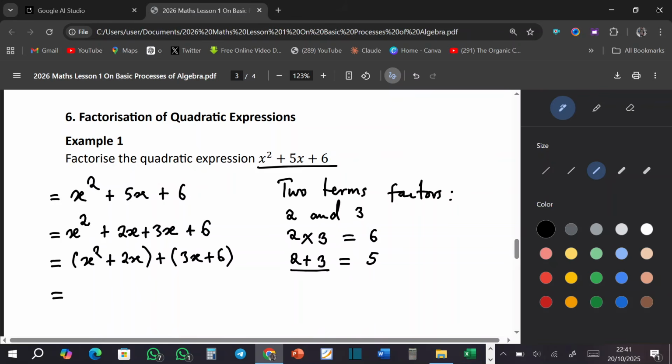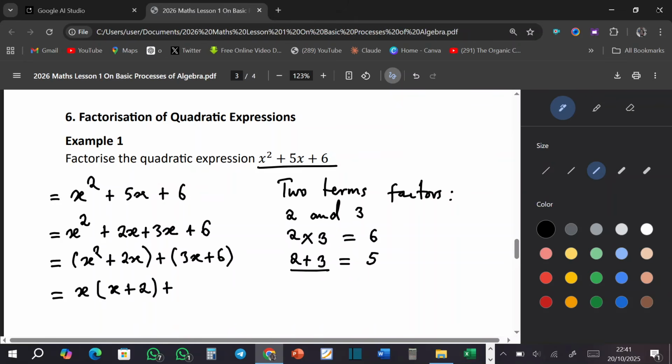Now I factor out here what is common, x and x. So that one is common. So what I do, I put it aside here and then open brackets. Once I do that, I remain here with just x plus, here x is out, I remain with 2.